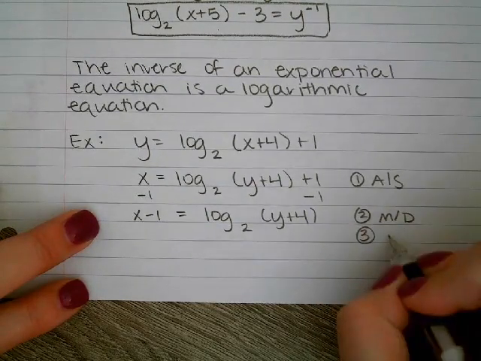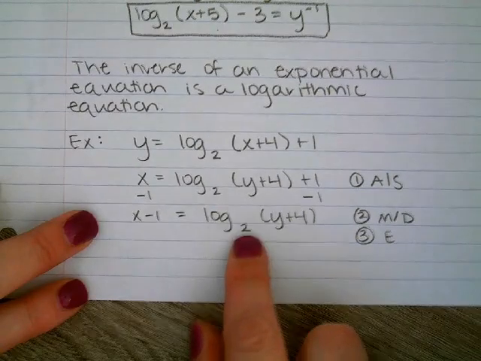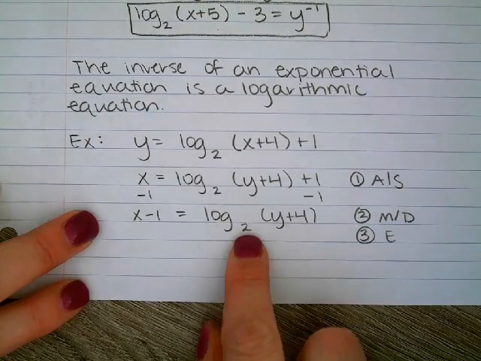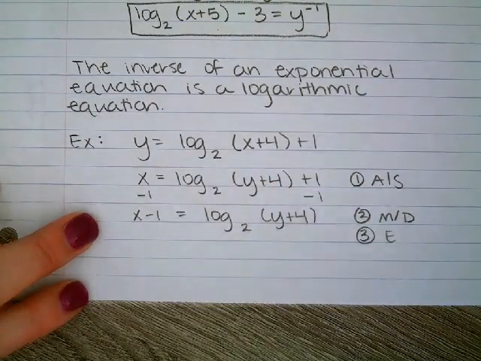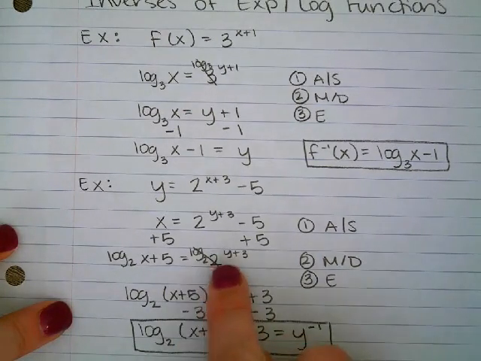Step 3, there's no exponent, but what I can do, see how this is a base? What I can do is called exponentiating both sides. So this is weird, but if you remember, we had log base 2 of, this was 2 to the exponent of y plus 3, log base 2.